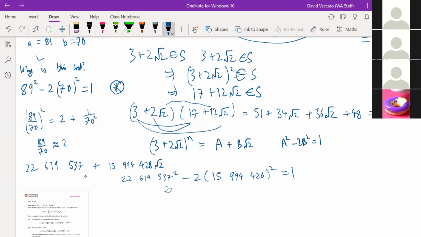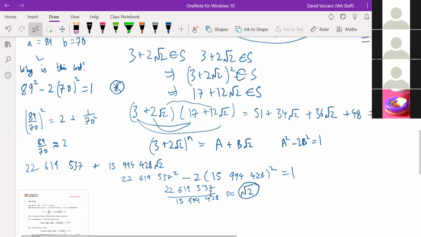Okay, so this fraction, 22,619,537 over 15,994,428, is a real near miss to the square root of 2. So what we've got here is a recipe that, although the square root of 2 is irrational, we can get a rational number that is exceptionally close to the square root of 2. Exceptionally.